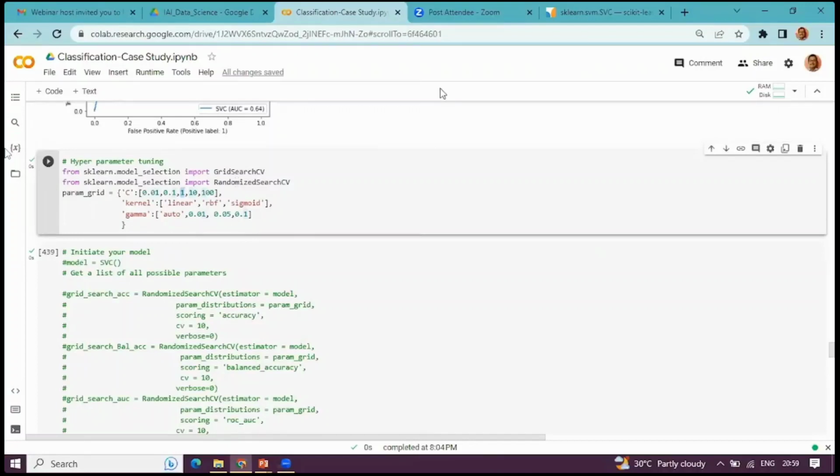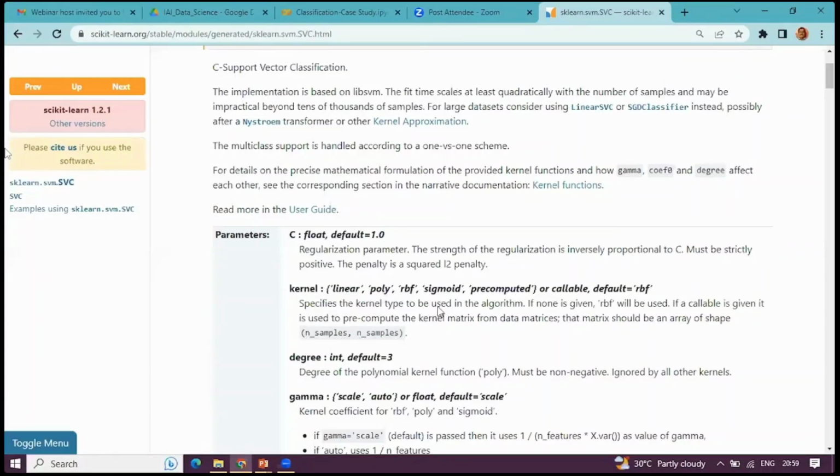Then the kernels: linear kernel, polynomial kernel, radial basis function kernel, or a sigmoid kernel. So these are the 4 different kinds. In the polynomial, it can go with square, cube kinds of kernels as well, the second dimension, the third dimension, etc. That is the degree.